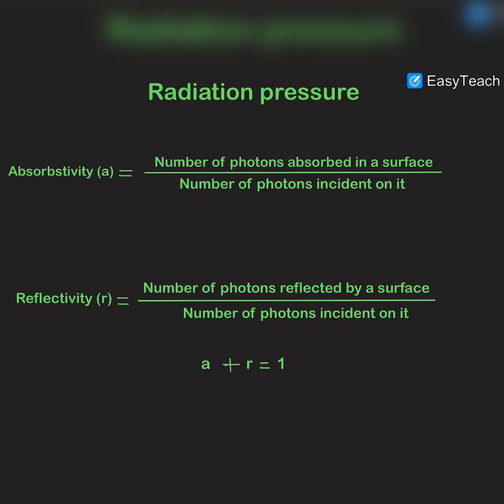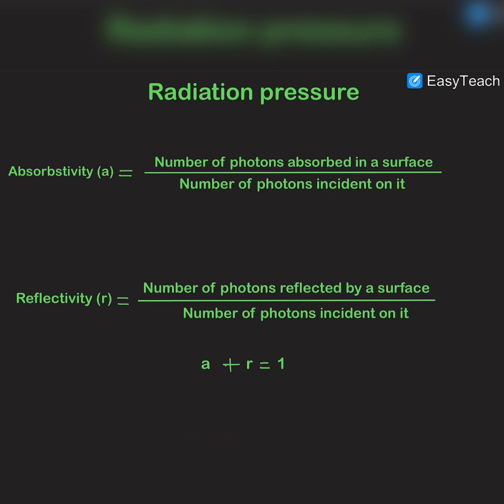For example, if 100 photons are incident on a surface, and that surface absorbs 40 photons and reflects the rest, the absorptivity will be 40 upon 100, which is 0.4, and the reflectivity will be 60 upon 100, which is 0.6, because it has reflected the rest 60 photons.